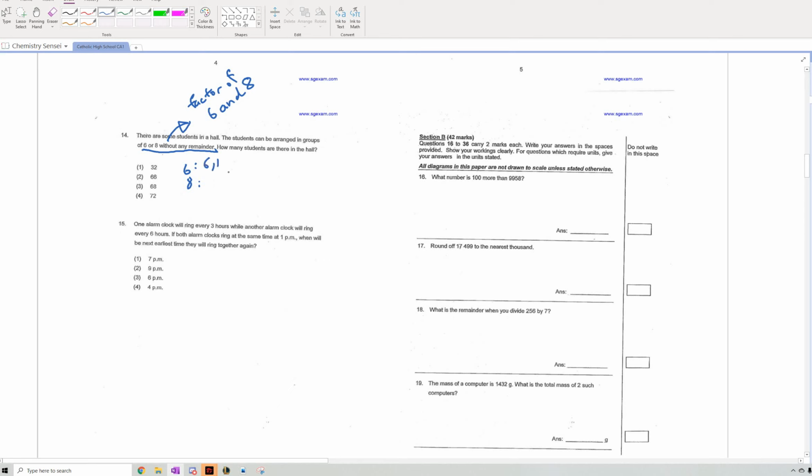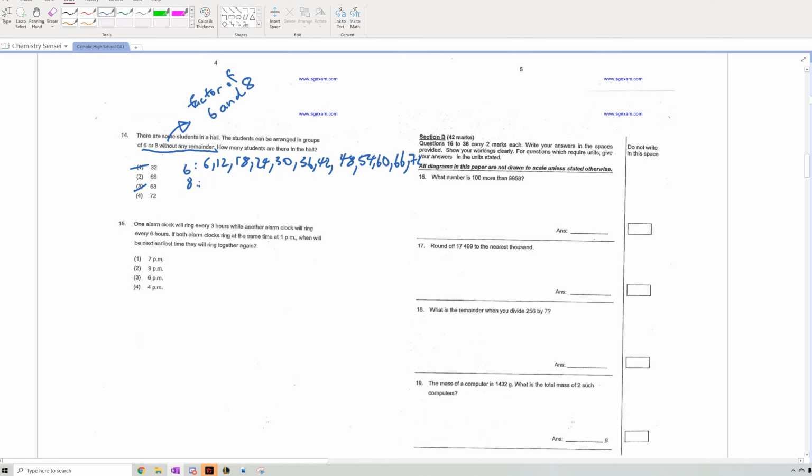So we have 6, 12, 18, 24, 30, 36, 42, 48, 54, 60, 66, 72. Straight away, option 3 is incorrect because the number 68 does not appear in the multiples of 6. Similarly, the number 32 does not appear in the multiples of 6. So we are left with option 2 and 4.